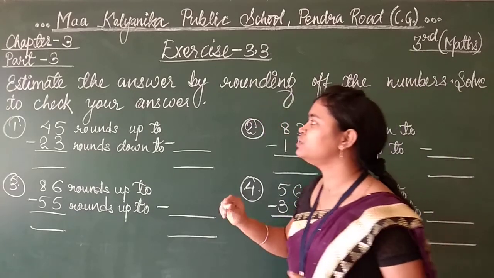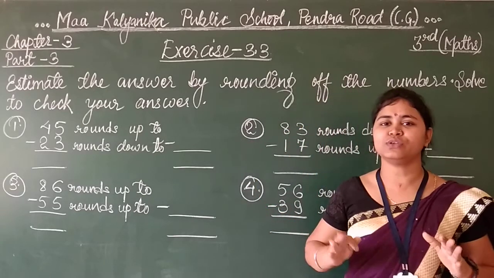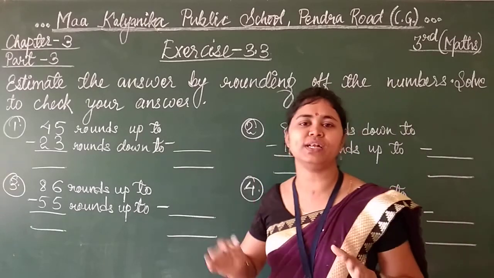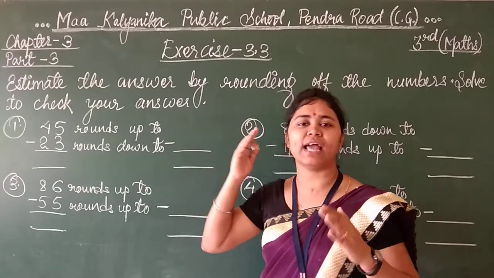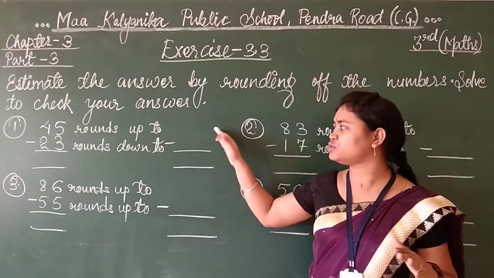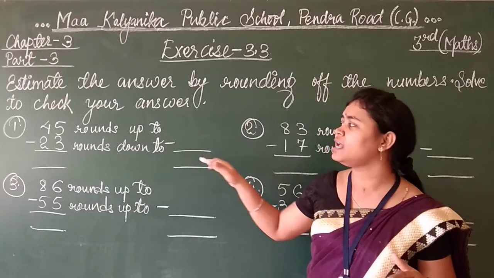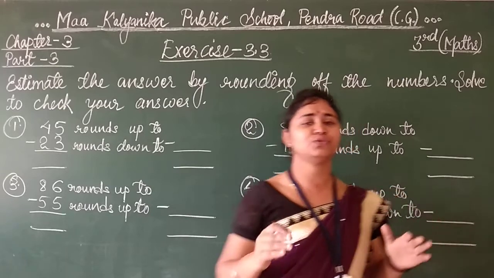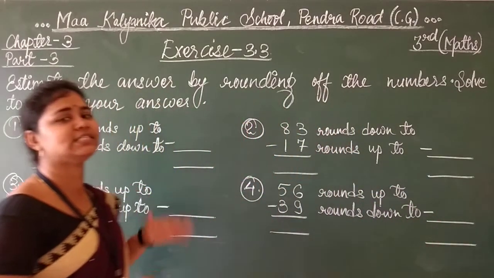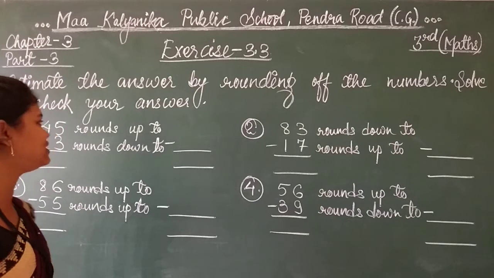So rounding off. So see students, here 2 things are there. One, actual subtraction is there in this question, so the actual difference will be the answer, and one, estimated difference is there. So students, what is actual difference and estimated difference, that I will tell you in this video only.